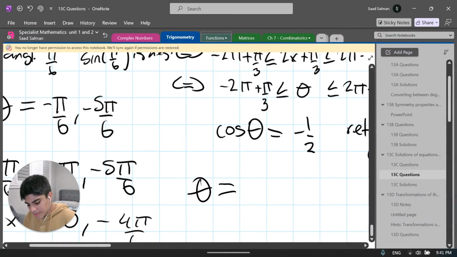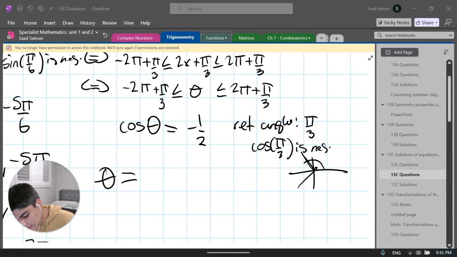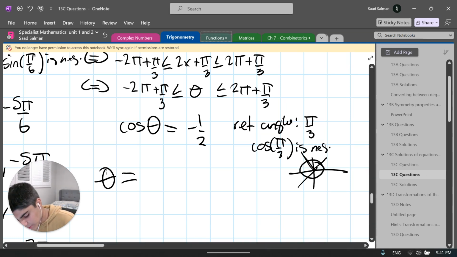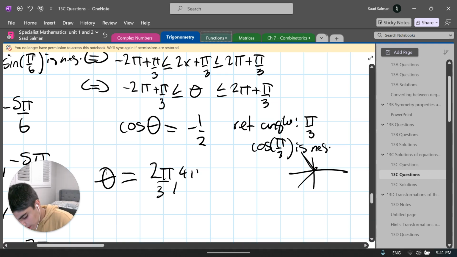Theta, okay, let's go in the positive direction. 2 pi plus pi on 3, back here. First we've got 2 pi on 3, 4 pi on 3. Once we make the full rotation, 2 pi plus pi on 3, normal solutions.